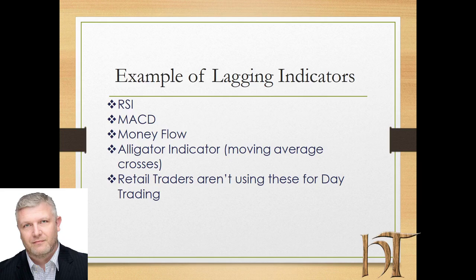We've got the money flow, the alligator indicator, which is also just a moving average crossover. And then there's hundreds and hundreds of indicators I just showed you a moment ago. The whole problem is that they're all lagging. They're all based on data that's already passed.